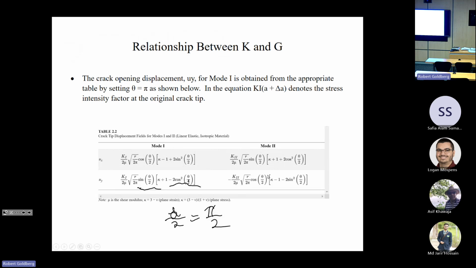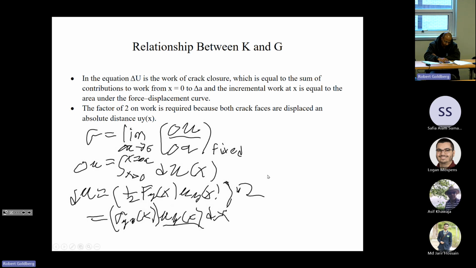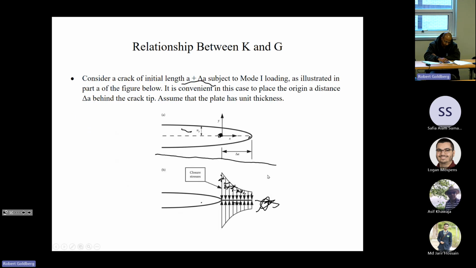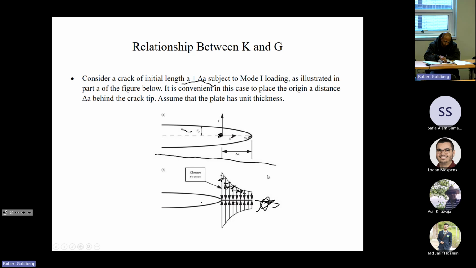And for this term here, our r over 2 pi, when we look at our distance from the origin, our distance from the origin is equal to delta A minus x, which is the distance from wherever we are to the end of our original crack tip.